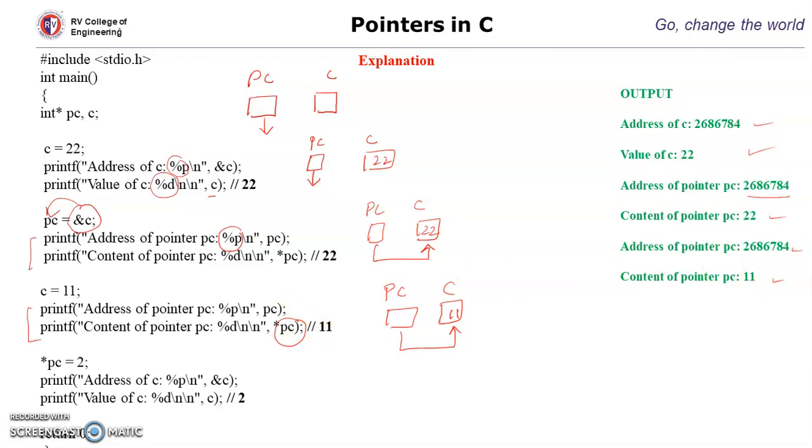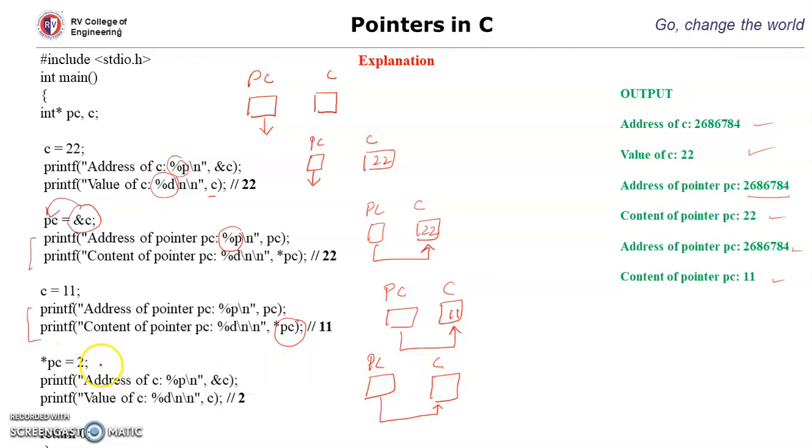Now next, *pc = 2. This changes the value at the memory location pointed to by the pointer pc to 2. We have a pointer variable pc and another variable c, and pc is pointing to c.